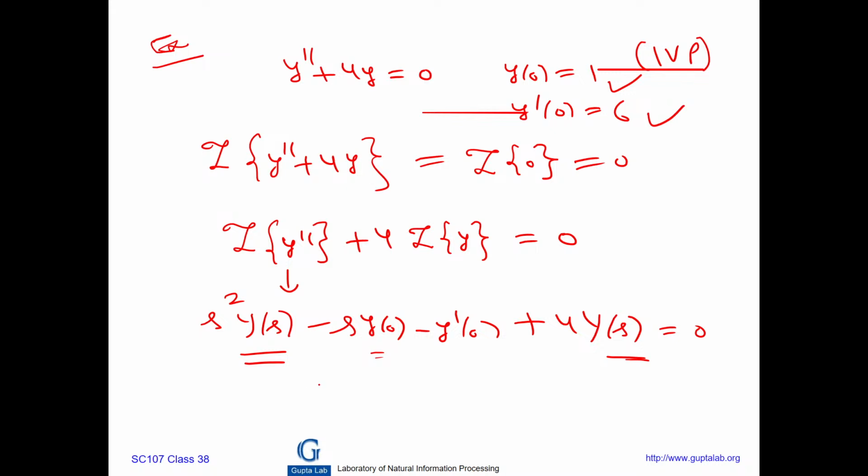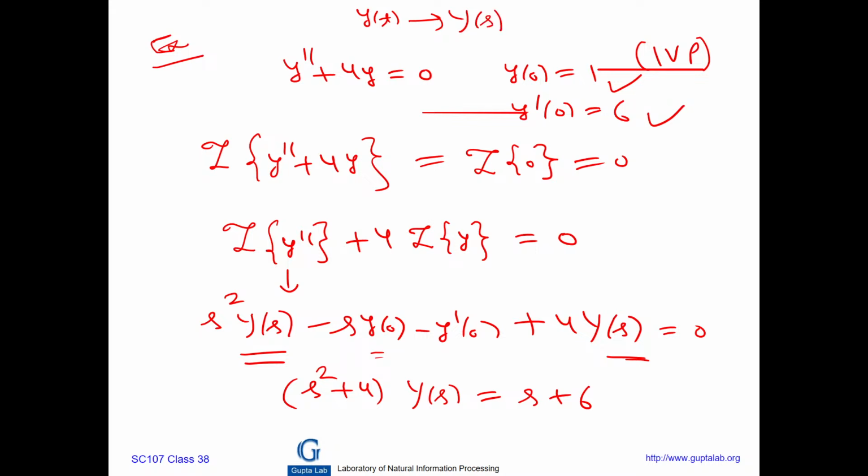So essentially I am going to get s square plus 4 times Y of s is equal to s plus 6. Remember, small y of t goes towards capital Y of s after Laplace transformation.